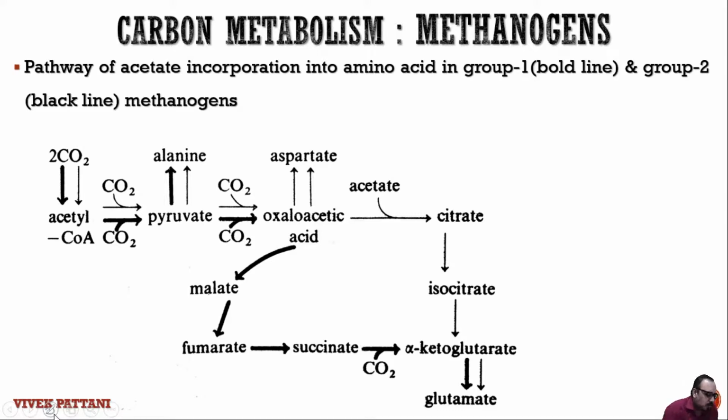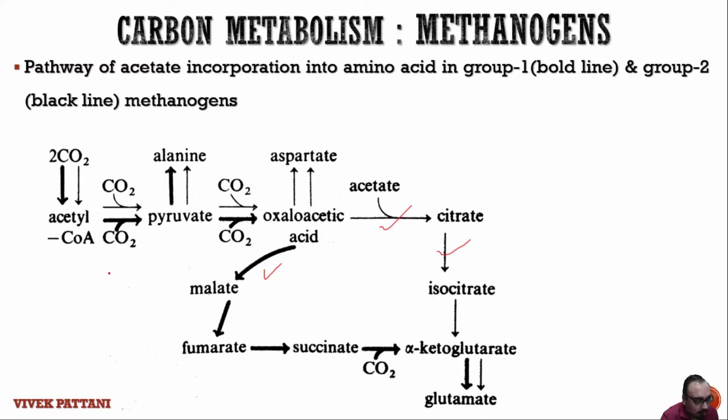This one is just an assumption. This pathway given is just an assumption of how carbon metabolism occurs in methanogens, where you can clearly see group 1, which is the bold line given here, and group 2, the thin black lines here.